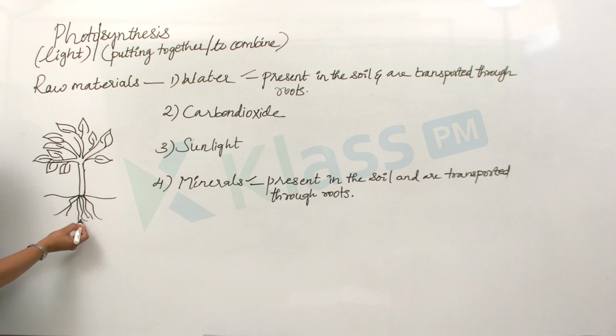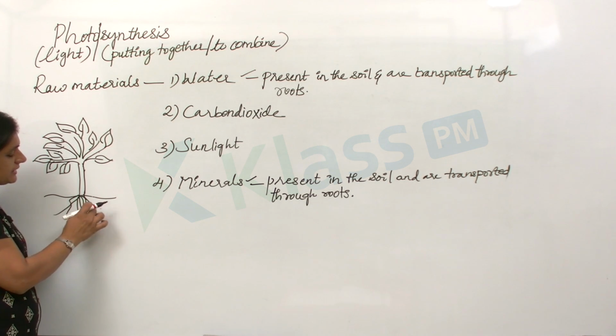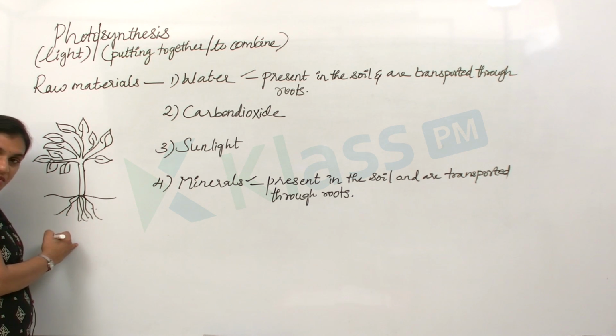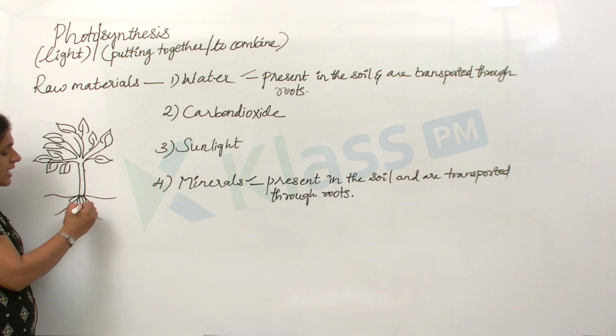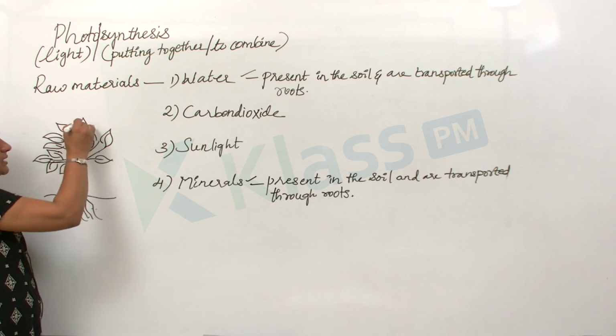The roots are present in the soil, and they absorb the water present in the form of moisture in the soil, and minerals. As they are present deep in the ground, they have to be transported to the leaf.